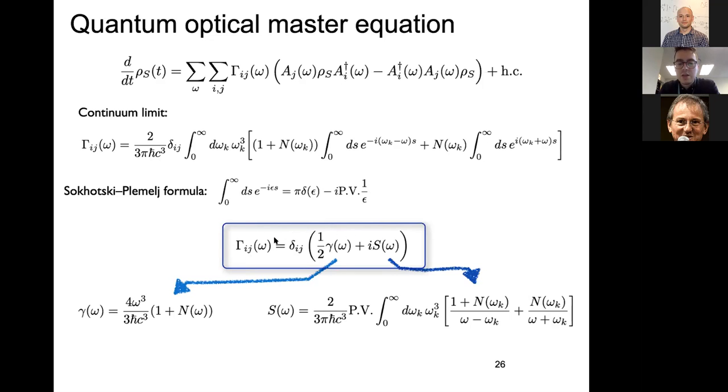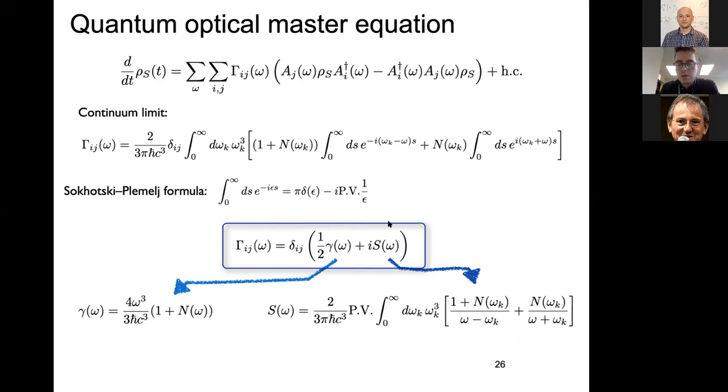We can see that these coefficients define a kind of diagonal matrix where the real parts of this one-sided Fourier transform are defined here, and the imaginary parts, this S coefficient, are written as follows. So hopefully it's clear, at least from this point, how you end up getting these coefficients gamma and S.